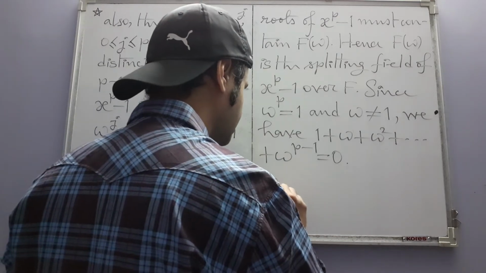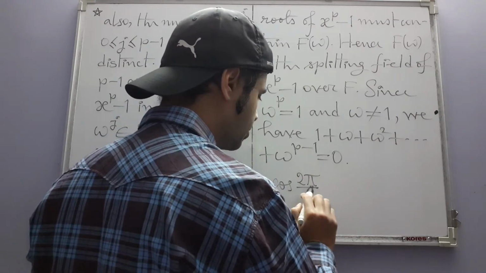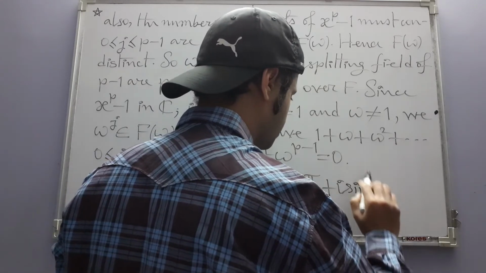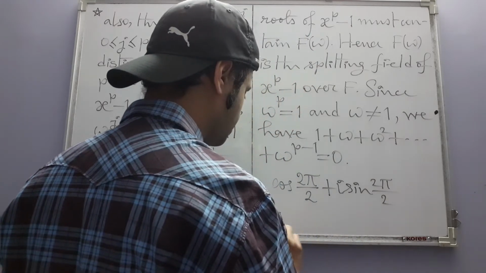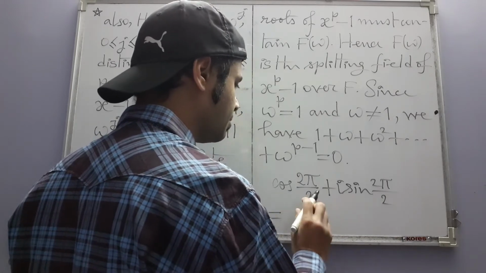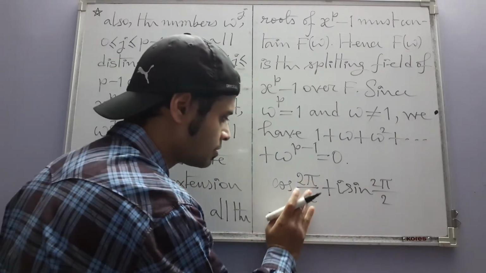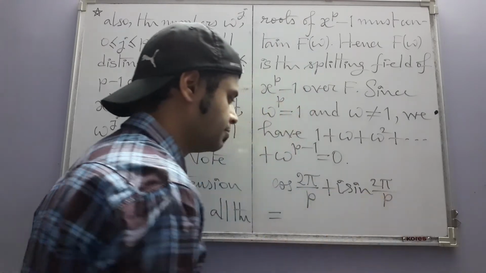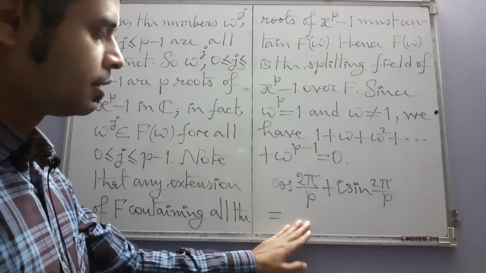In the case where p is even, our omega would look like cosine 2 pi over 2 plus i sin 2 pi divided by 2. Well, in that case also, it will not be equal to 1, it will be minus 1. This part is 0, this part is minus 1. But since p is an odd prime, this cannot possibly be equal to 1.